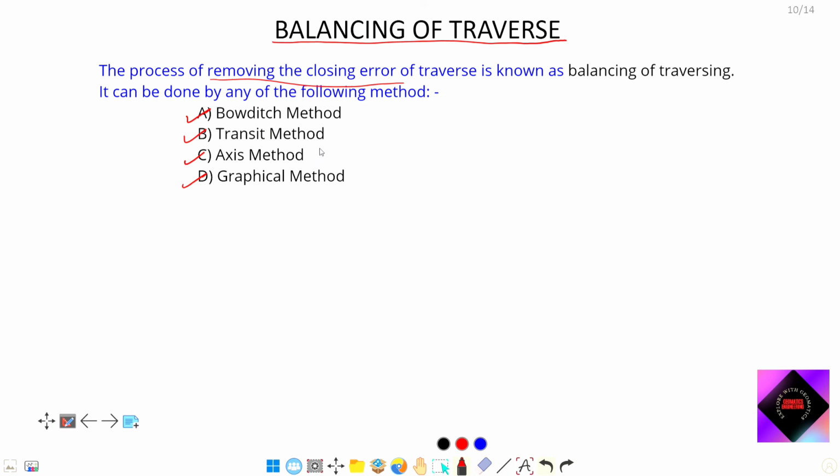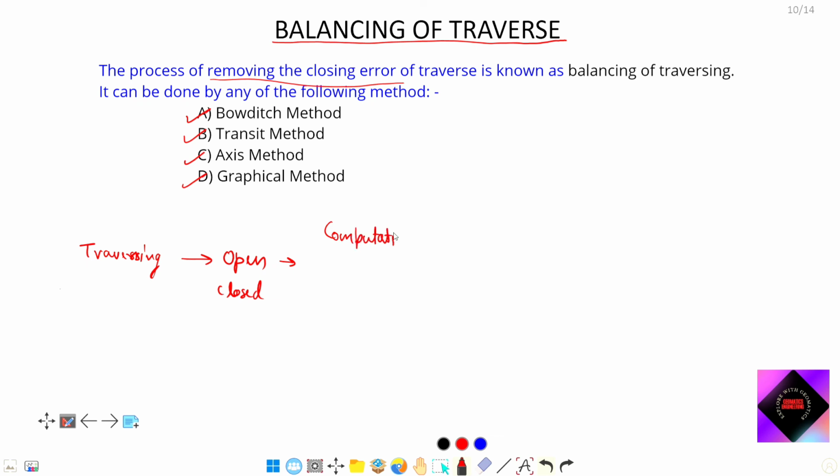Till then, what we have learned, I am summarizing here: we have seen that traversing is a network of survey lines. Then in traversing we have seen open and closed traverse. Then we have seen computations.